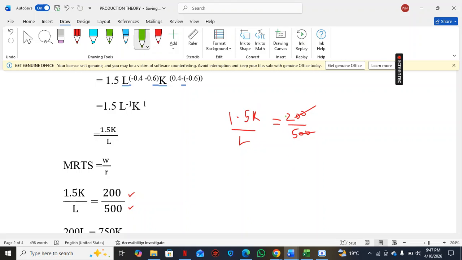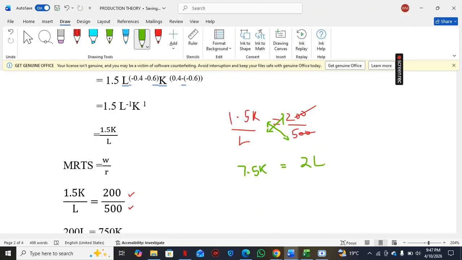You cross multiply. You're going to say 5 times 1.5, you're going to get 7.5K equals 2 times L. You get 2L.